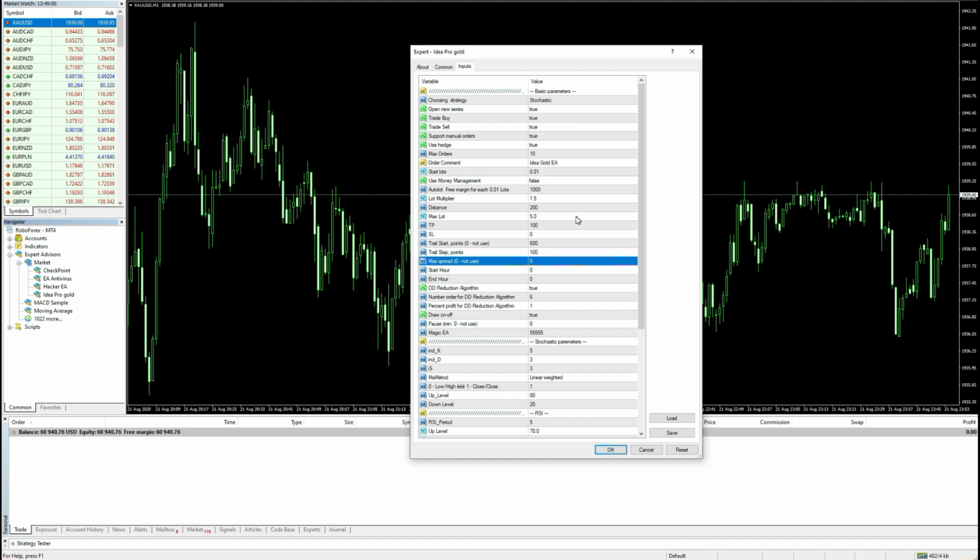If you set this to a figure that's comfortable and quite safe, it would help your EA not to open too many positions when the market is unstable. You get what I'm saying? So max spread is something that you should definitely look at if you want to be very safe.